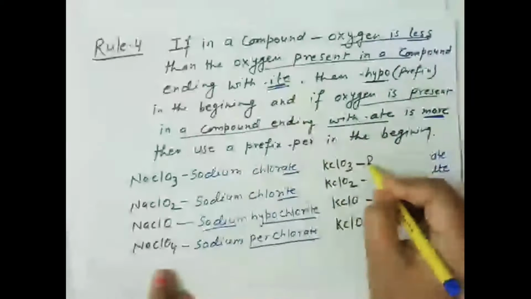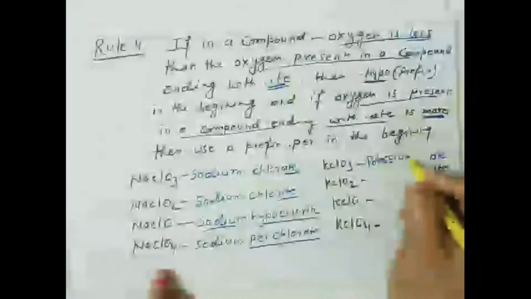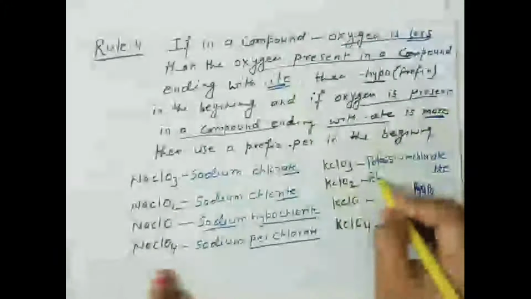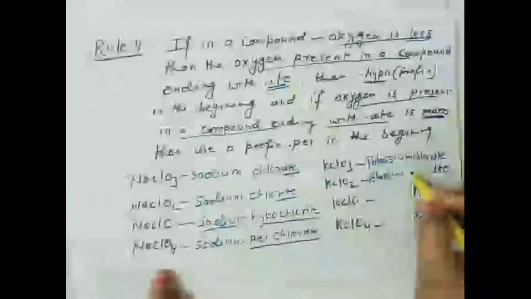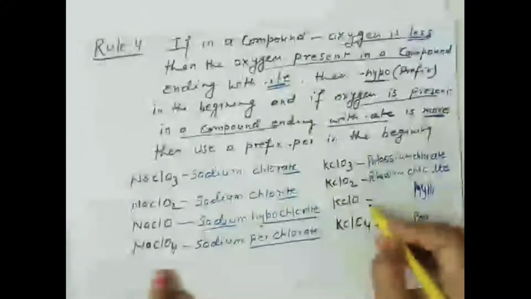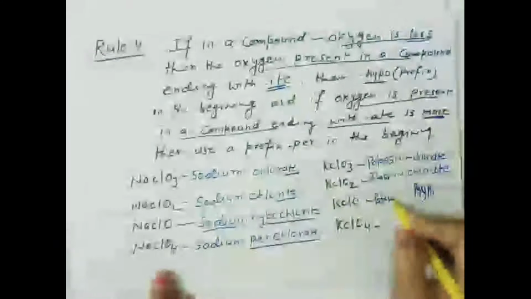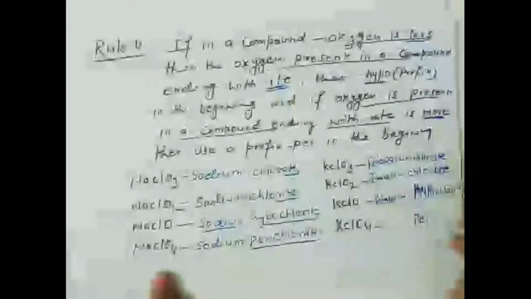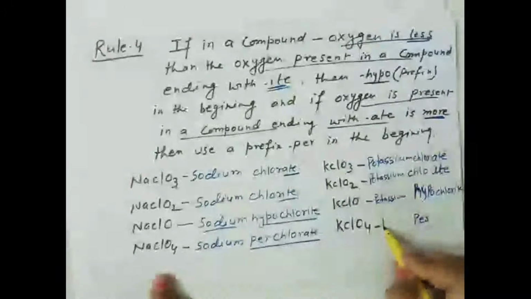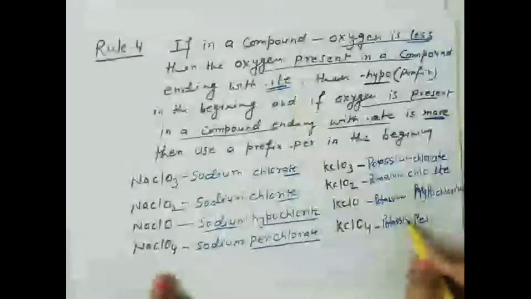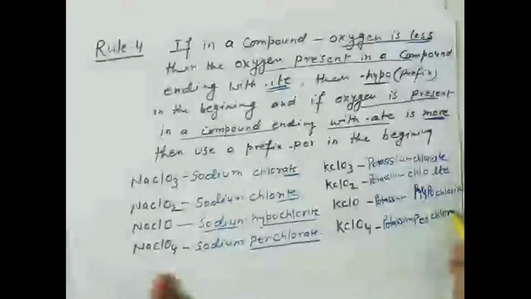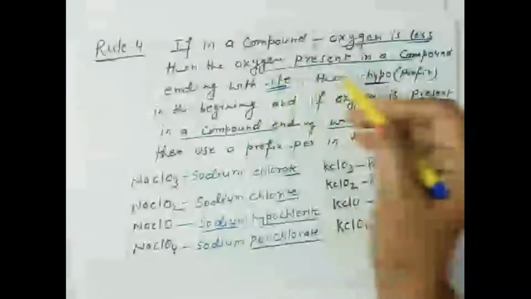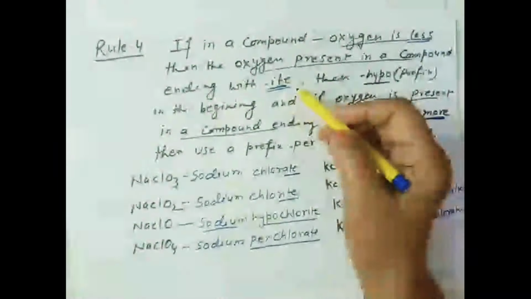So the names are potassium chlorate, potassium chlorite, potassium hypochlorite, because oxygen is less than in the ite compound, and potassium perchlorate.